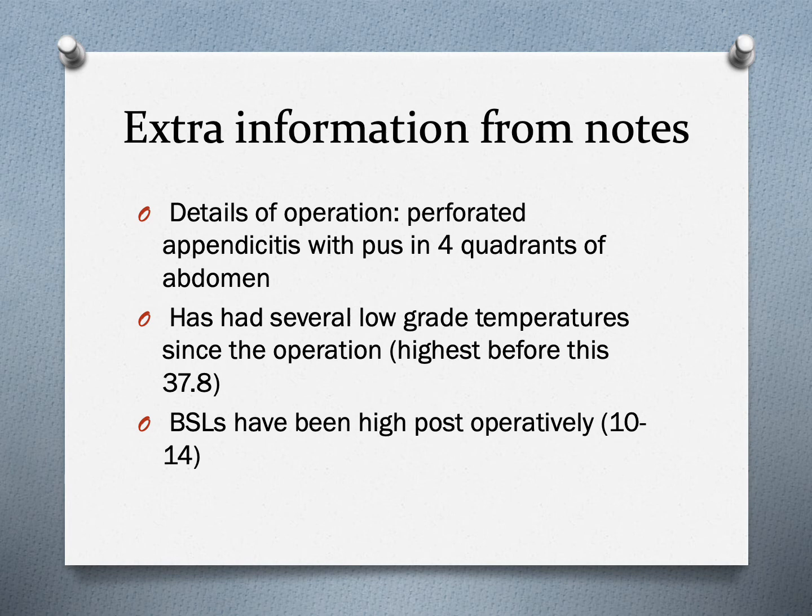The highest before this one was 37.8, and he's had BSLs that have been higher than usual post-operatively, so running between 10 and 14 for him. He usually has really well-controlled type 1 diabetes. And that's probably something of concern because you're worried that there's an infective cause that might be driving his blood sugars to continue to rise due to cortisol increasing.